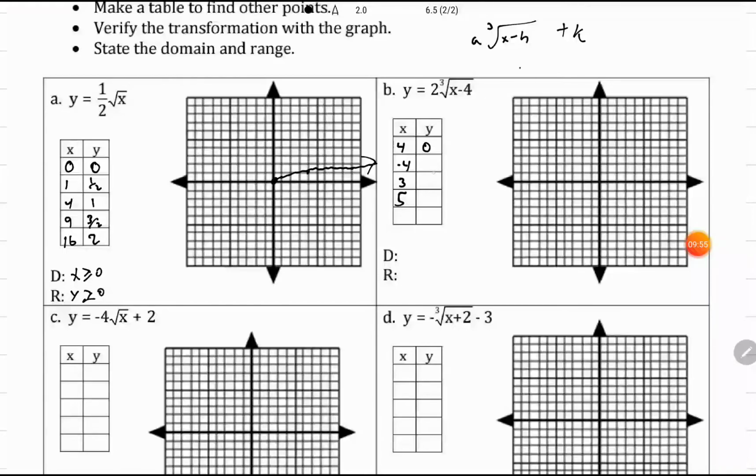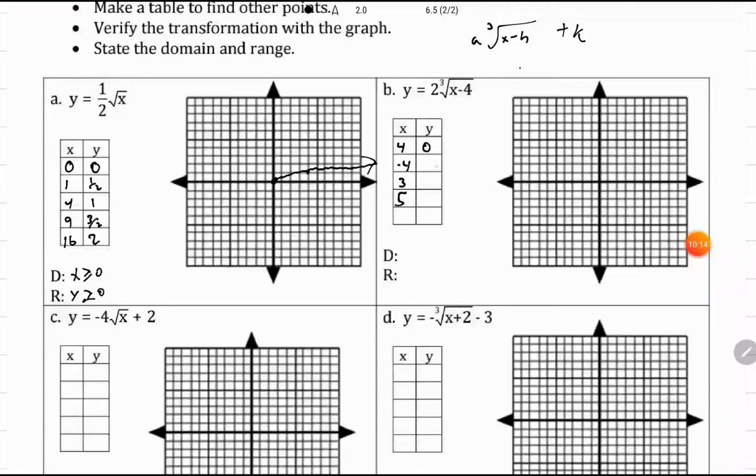You kind of guess what points you need. Since we started with 4, 0, we choose a number above 4, which is 5, below 4, which is 3, and then the opposite of our original number, so negative 4, I plug that in.